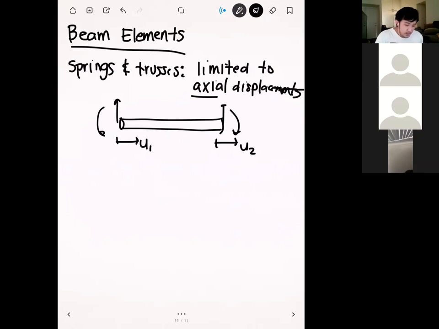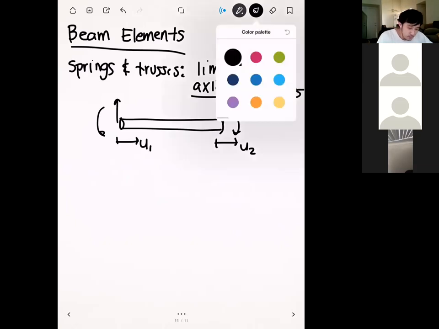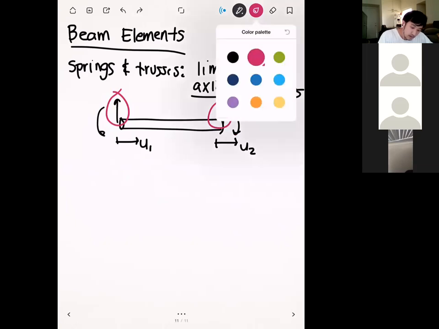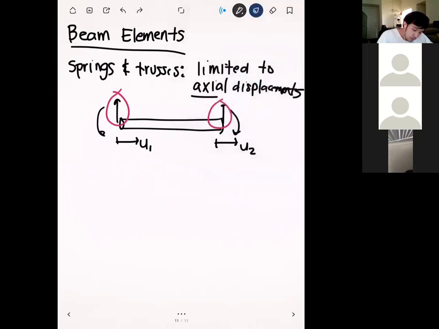Okay. Even though truss elements and springs are a good place to start, we're really limited in the kinds of structures that we can analyze, because in reality these structural elements can also exhibit other deformations. Let me color code this a little better. We'll circle those in red, and we'll circle these in blue.